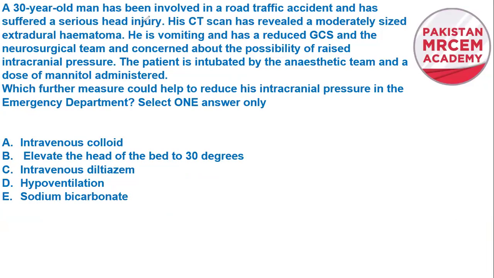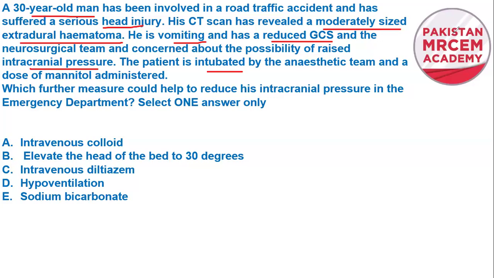We have a 30-year-old man who has been involved in an RTA and has suffered a serious head injury. His CT scan revealed a moderately sized extradural hematoma. His vomiting and reduced GCS have the neurosurgical team concerned about the possibility of raised ICP.